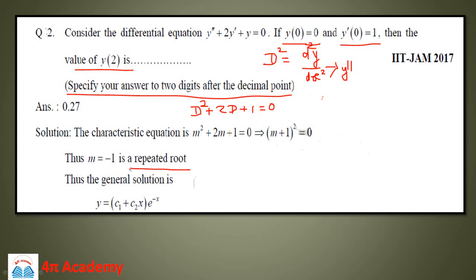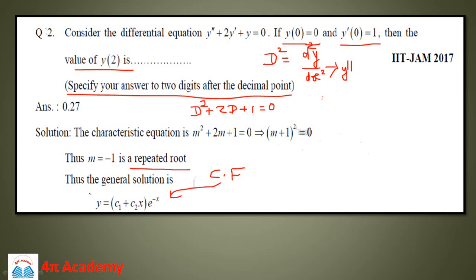So the roots are real but they are equal, and if the roots are real and equal, then the complementary function will be equal to c1, some arbitrary constant, plus c2 x, into e raised to power ax, where this a is minus 1.